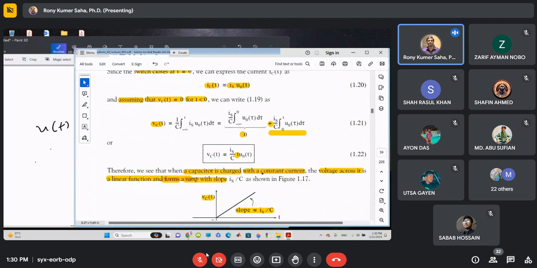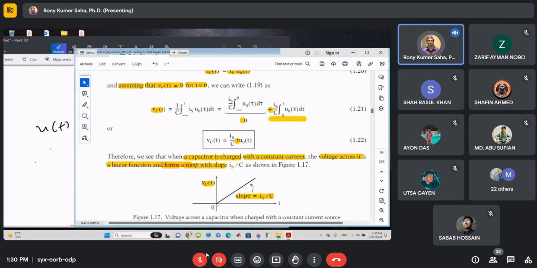That's it. So basically, you will have this kind of response where the slope is defined by this IS over C, and the unit step response is this. So from here, any value of t greater than 0, you have the response. If you look at this response, this is actually the ramp function.